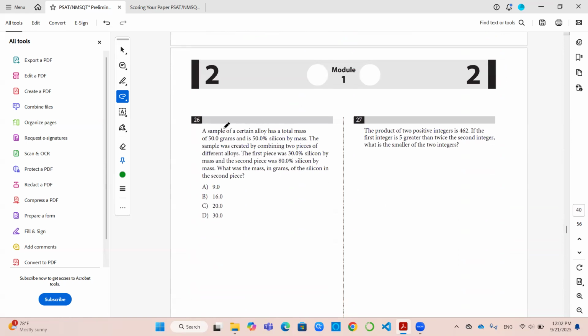Hmm. Tricky question here. A sample of certain alloy has a total mass of 50 grams and is 50% silicon by mass. The sample was created by combining two pieces of different alloys. The first piece was 30% silicon by mass, and the second piece was 80% silicon by mass. What was the mass in grams of the silicon in the second piece? So I know that x plus y is equal to 50. And since the silicon is 50% of this mass, what's half of 50?